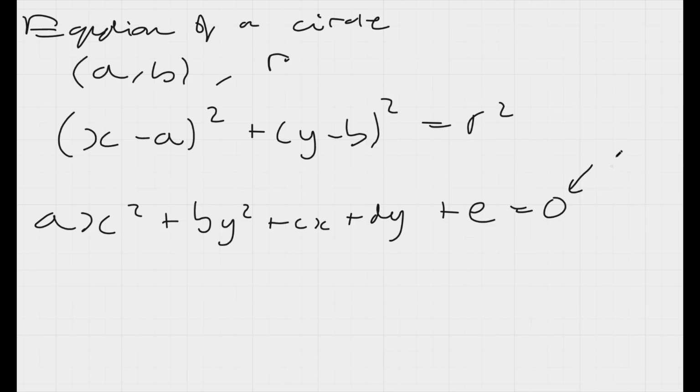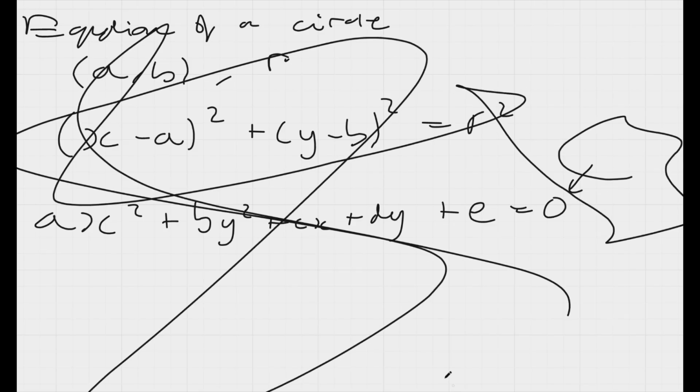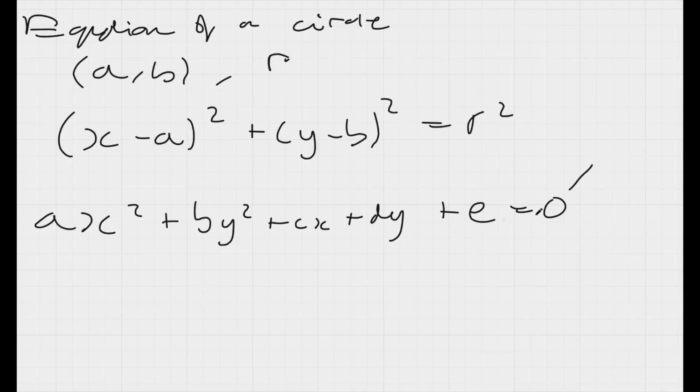If you see this, please don't go into full panic mode. You're just going to collect your x's and your y's, and complete the square to get it back into this form, and you're going to have this value left over, because hopefully you know how to complete the square.